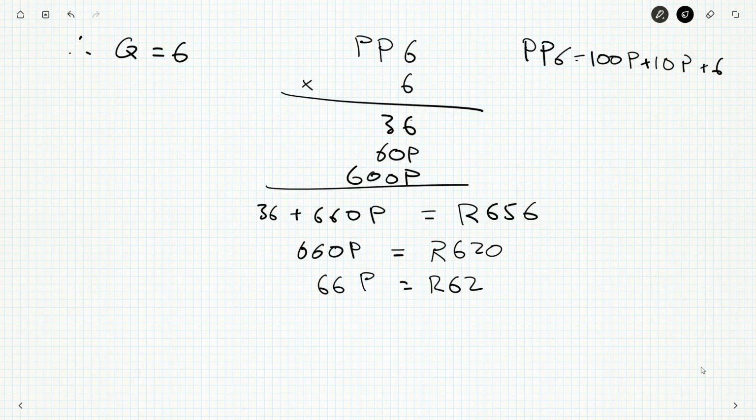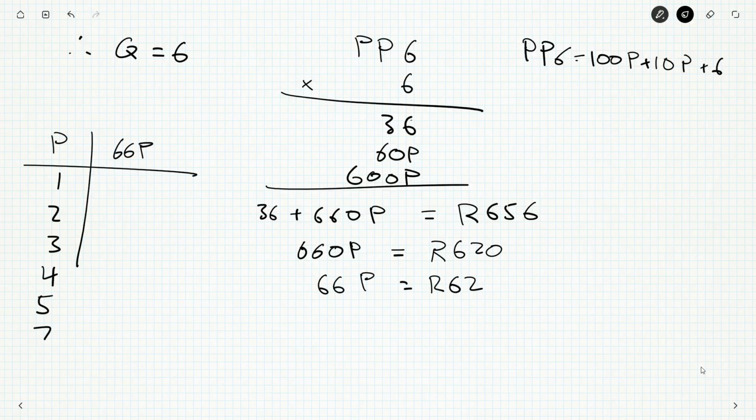And now we ask ourselves, okay, what are some multiples of 66? You know, what values could p be? I'm going to start p at 1, because there's no way p is going to be 0 here. 2, 3, 4, 5. We can skip over 6, because remember they're different. So 66, well, that doesn't end in a 62.